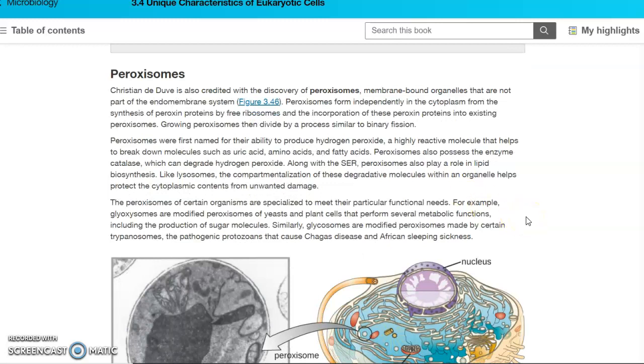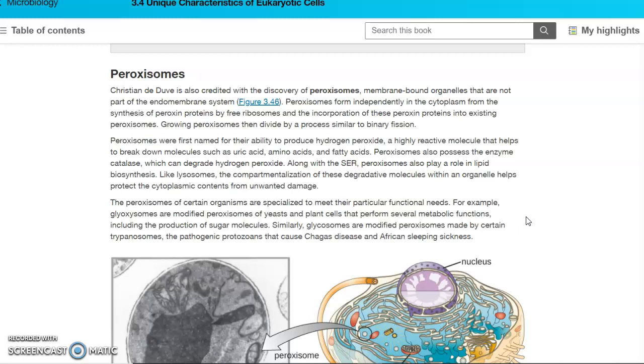Peroxisomes are similar to lysosomes in that they are little bags of enzymes, but peroxisomes produce hydrogen peroxide, and that's how they were originally named. The peroxide helps to break down uric acid, which is a waste product of the cells, and amino acids.